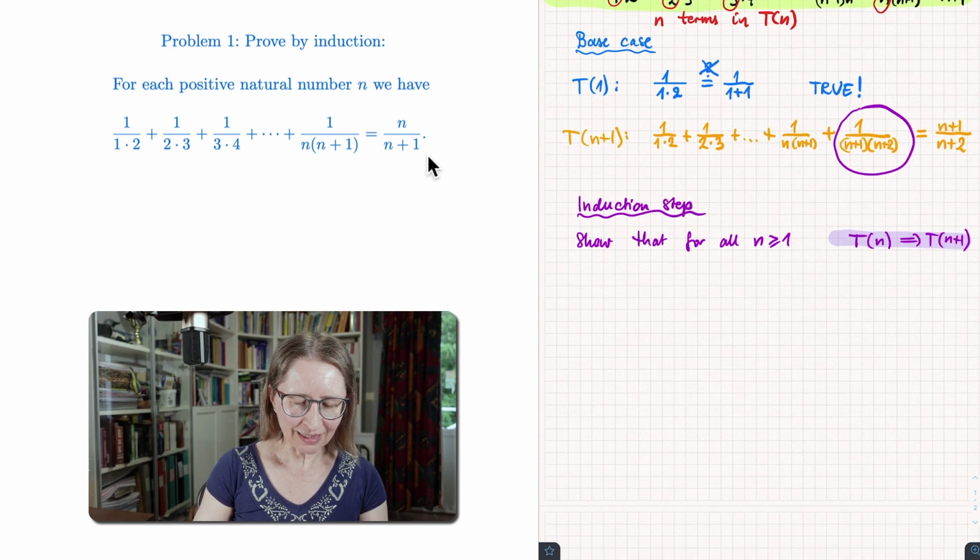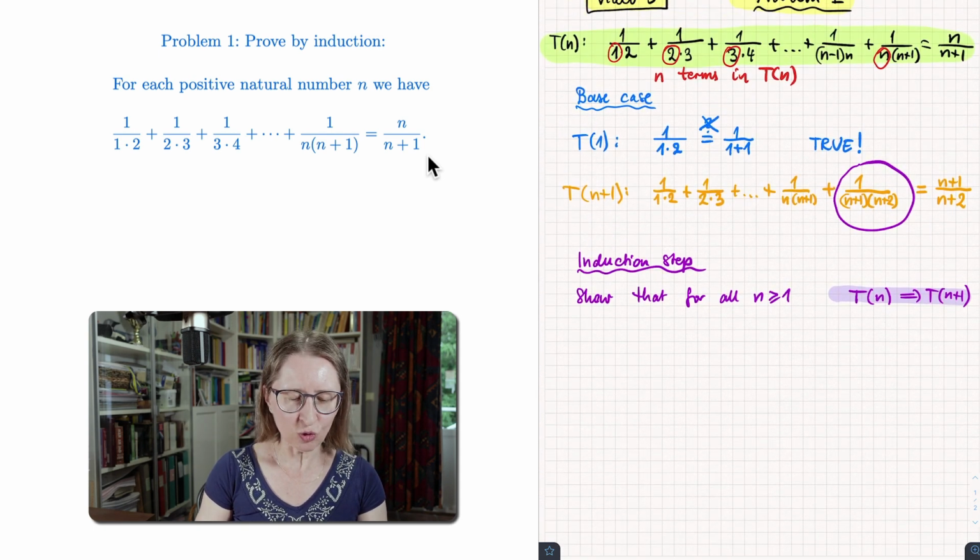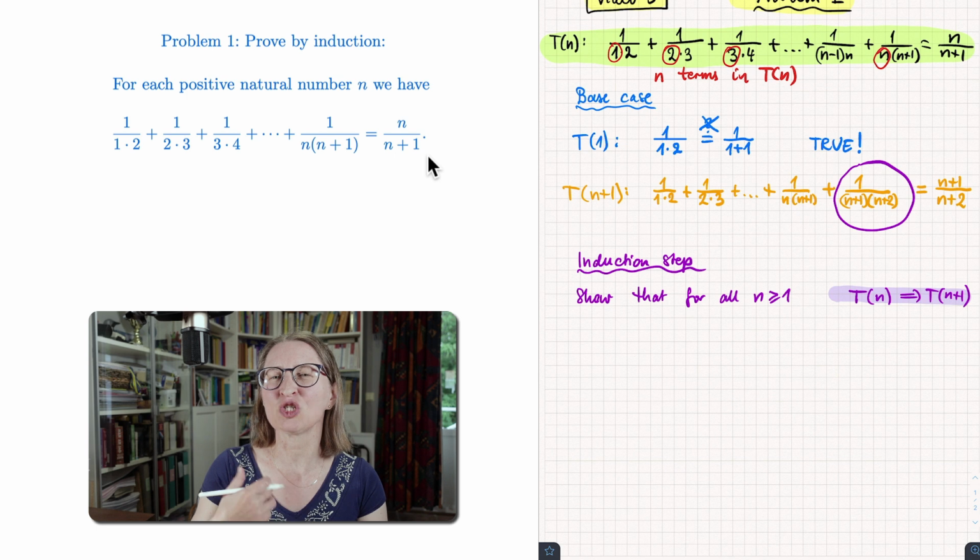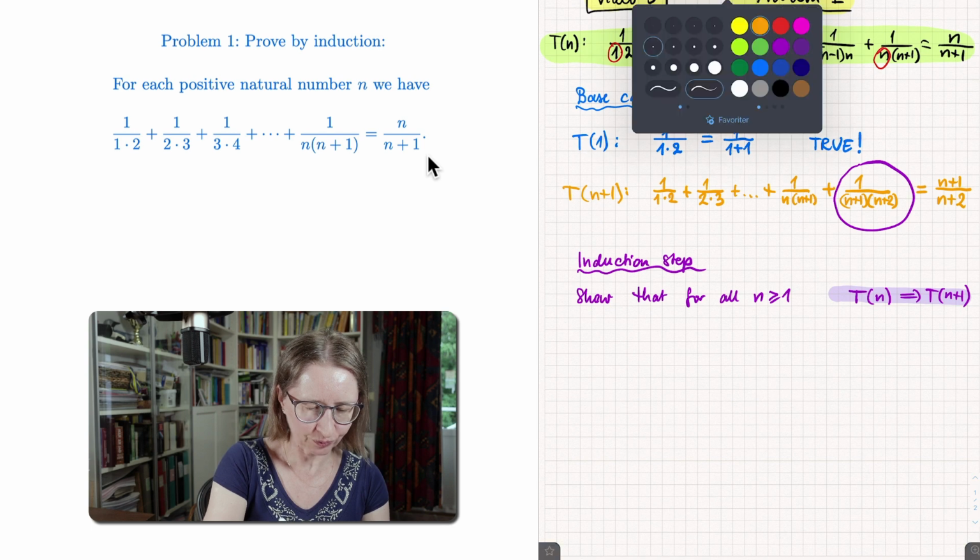And now in the induction step we have to assume that our T of n is true for some n, and we have to verify if this implies that T of n plus 1 will also be true.